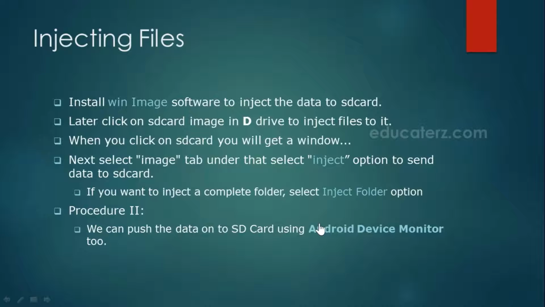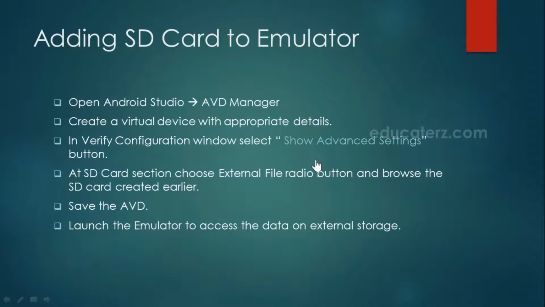In earlier cases, when we created shared preferences and internal storage, after selecting the path we chose to pull a file from the device. Now we are going to push a file onto the device. That is one procedure. Another is a software called WinImage, a simple application which allows us to inject files into a virtual SD card. We'll see how to do all of that one by one.